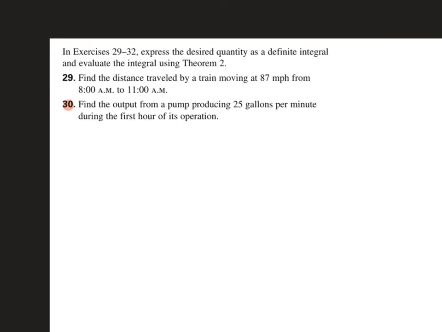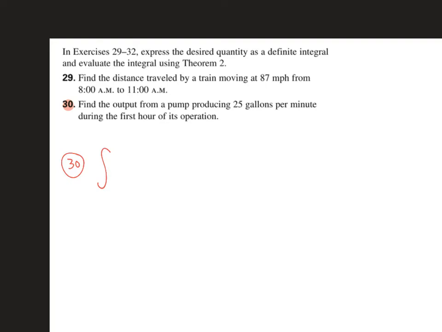Okay, another one of these. Express the desired quantity as a definite integral and evaluate the integral using theorem 2. First we'll express it as a definite integral. Find the output from a pump producing 25 gallons per minute during the first hour of its operation.